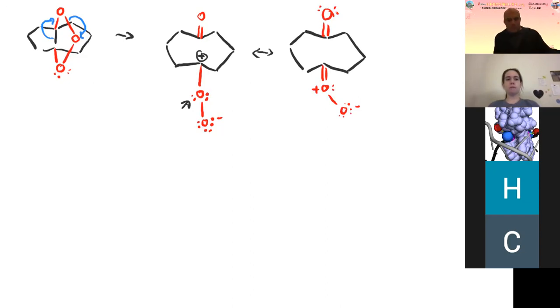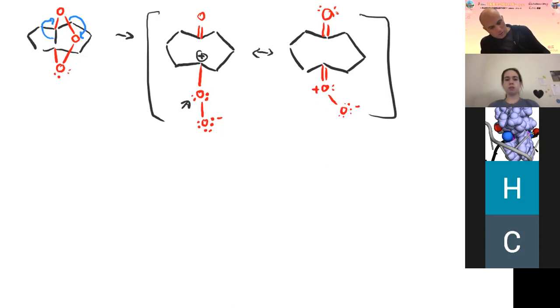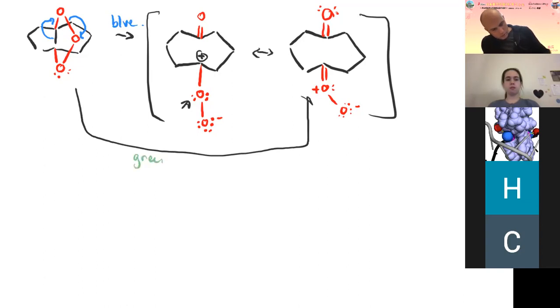Yeah. So when you're drawing the mechanism, you can go with the blue arrows, or if you want to do 3 arrows, you can go basically bang, bang, bang, and then get directed to that other resonance structure.